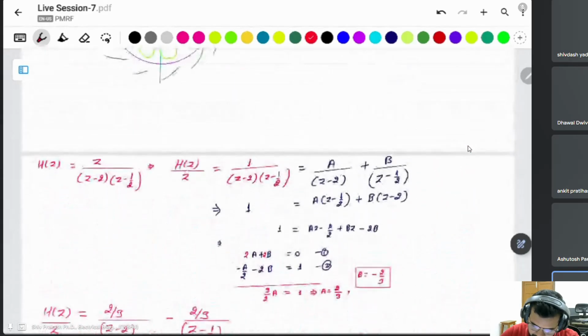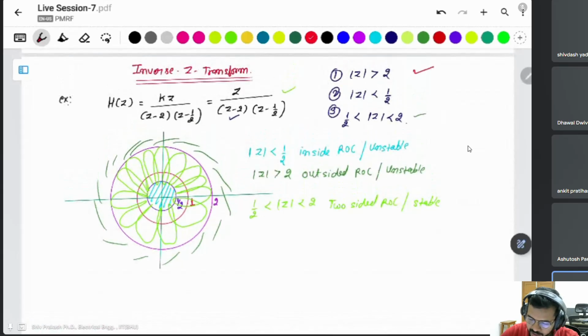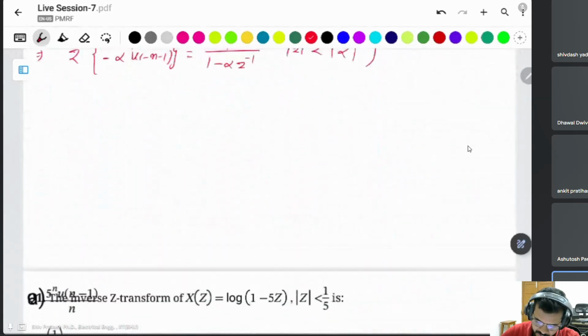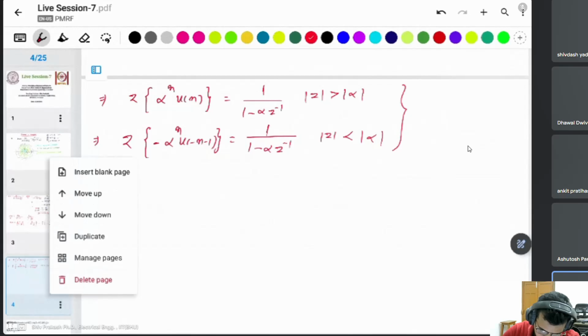There are three conditions for the ROC: mod of z greater than 2, mod of z less than half, and mod of z between them.